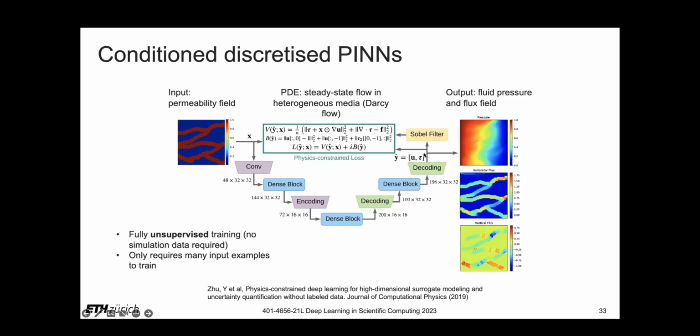You train it given lots of random examples of these different channels, so randomly varied channels as input. And as I said before, you don't need any training data for this, so it's fully unsupervised. It only requires many examples of these different channelized systems, and it will start to learn the flux or the fluid flow as output.